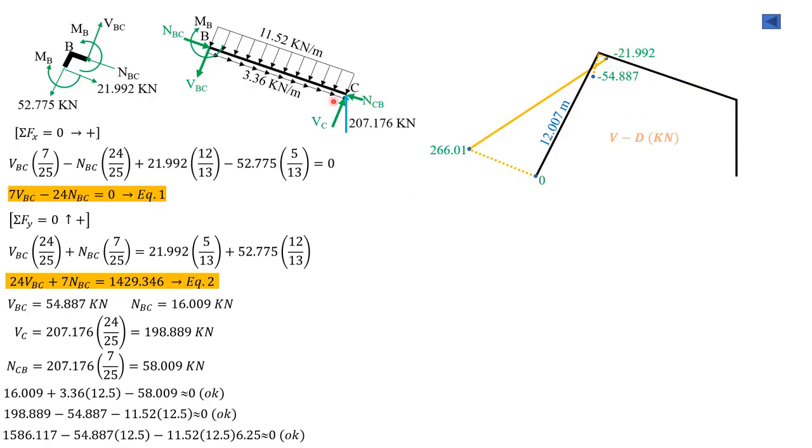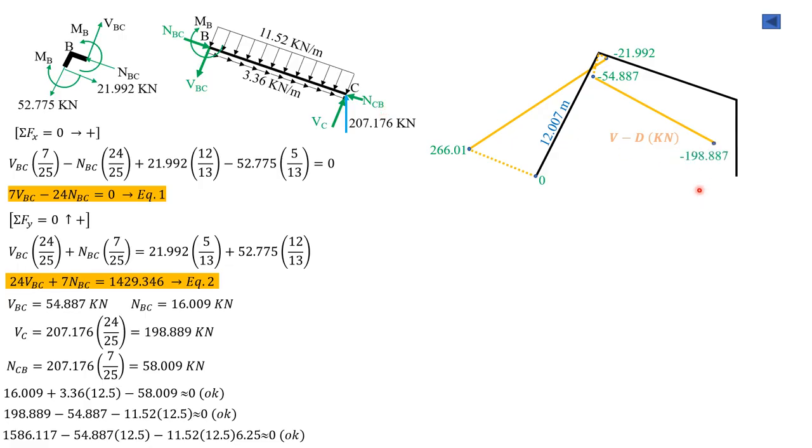Negative 54.887, then minus 11.52 times 12.5, a straight line increasing.